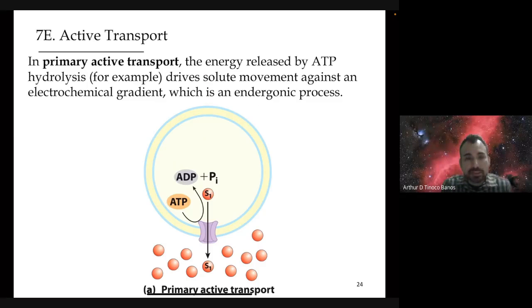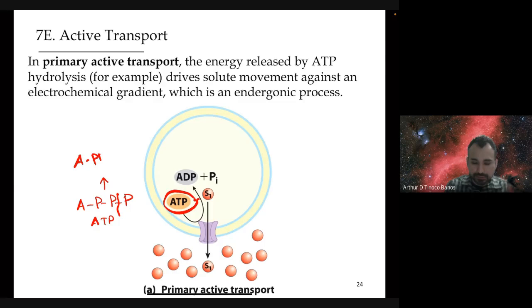When we're talking about primary active transport, the energy released by ATP hydrolysis drives solute movement against an electrochemical gradient. As I said previously, ATP consists of three phosphate groups. Let me give us a little visual here. The cleavage of one phosphate group gives us ADP and inorganic phosphate.